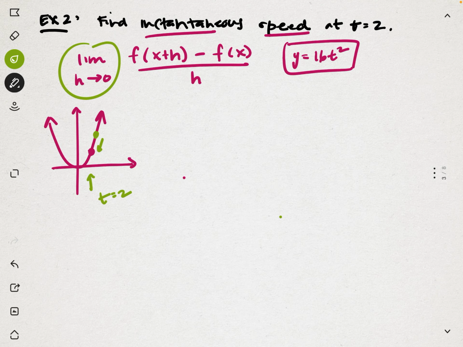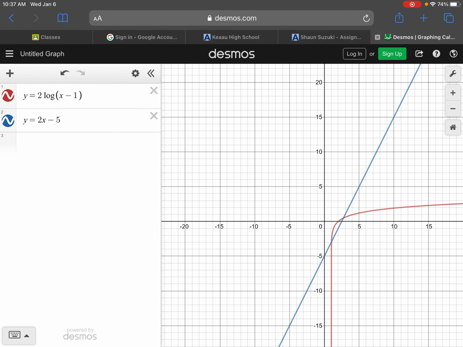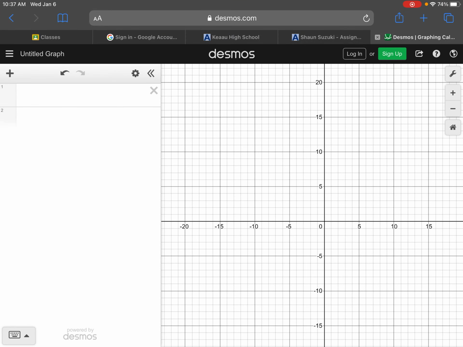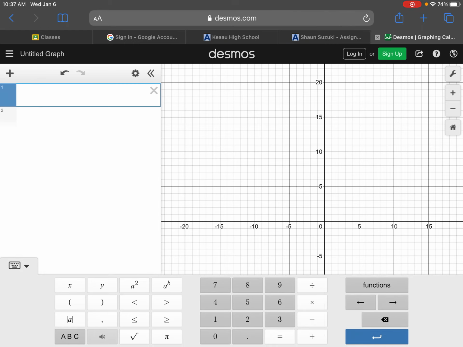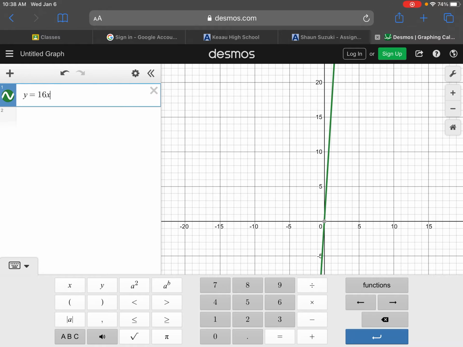Let me demonstrate to you what it looks like in Desmos. Okay, so let's say we have y equals 16, we don't have t, but we'll say x squared. So we have this parabola.